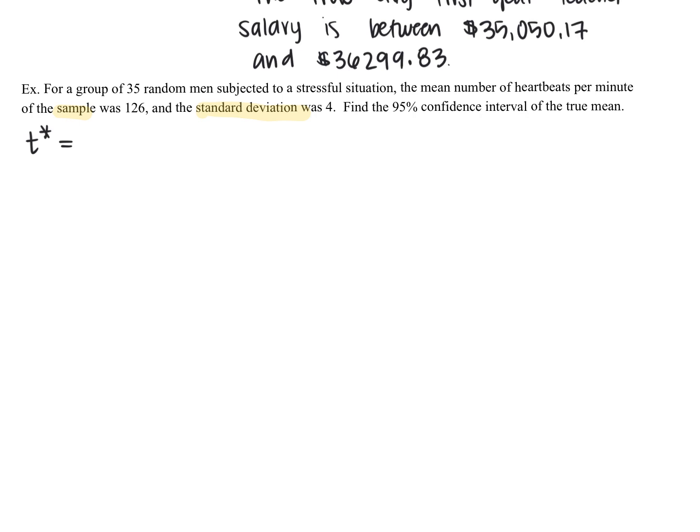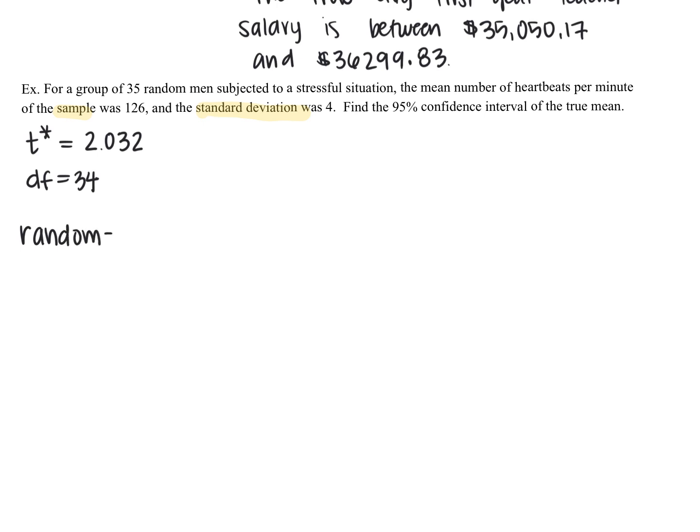So we go to invT. Our area is going to be 0.025, and our degrees of freedom is going to be 34. So when I plugged it in the calculator, we get 2.032. Now I'm going to check my conditions.